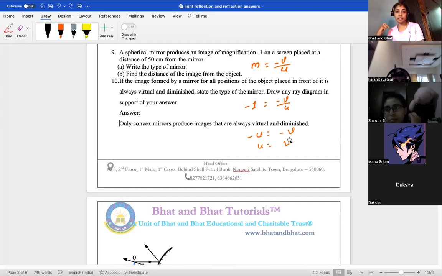Next question is find the distance of the image from the object. You have to find the value of v. What will be the value of v?